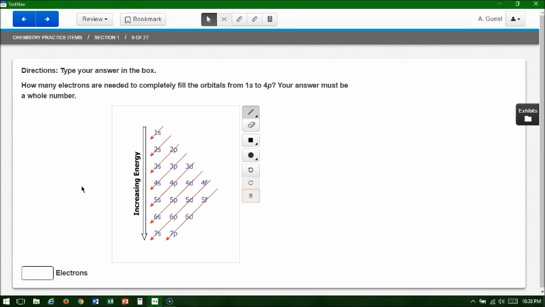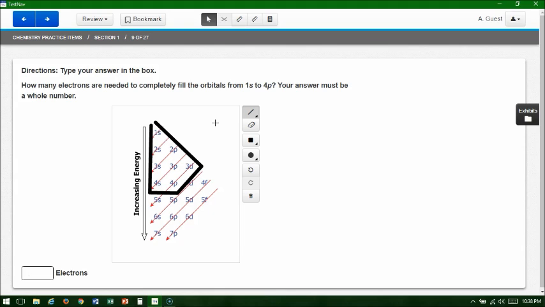Number 9. How many electrons are needed to completely fill the orbitals from 1s to 4p? So if we take a look at this diagram, and we fill 1s, 2s, 2p, 3s, 3p, 4s, 3d, and 4p, then these are the orbitals that will contain electrons.